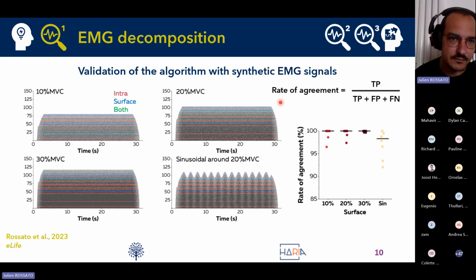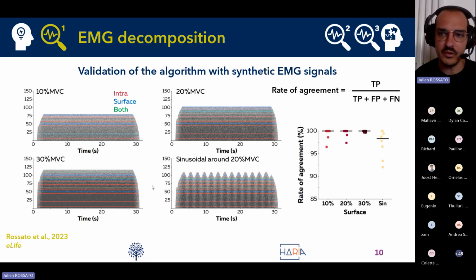Each line here is one motor unit, and a spike is represented with a vertical line. The motor units in red are those identified with intramuscular high-density EMG, the motor units in blue are those identified with surface high-density EMG, and in green with both intramuscular and surface high-density EMG.